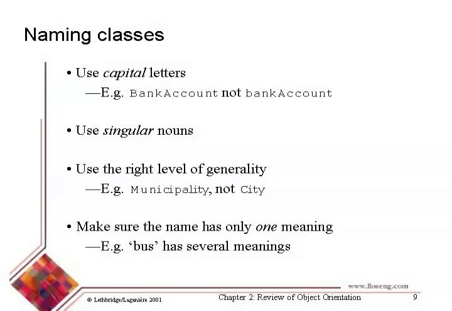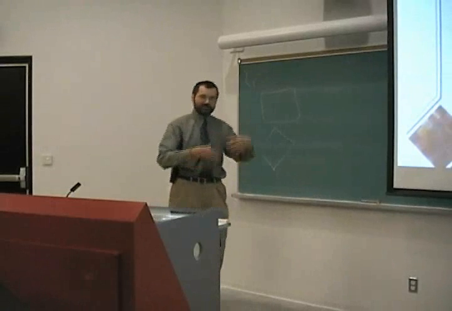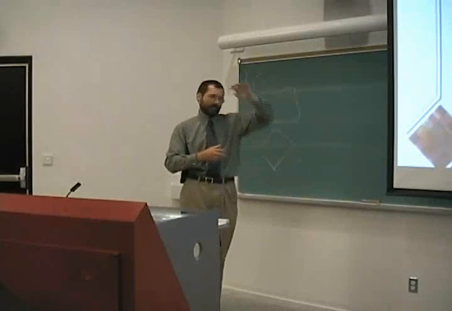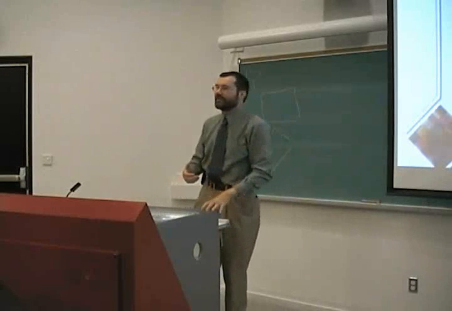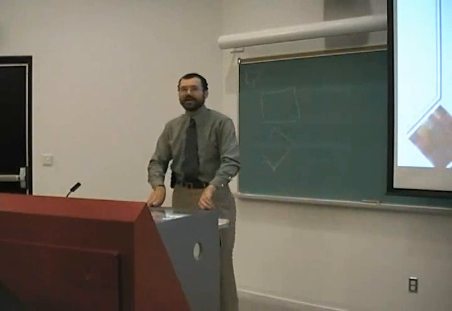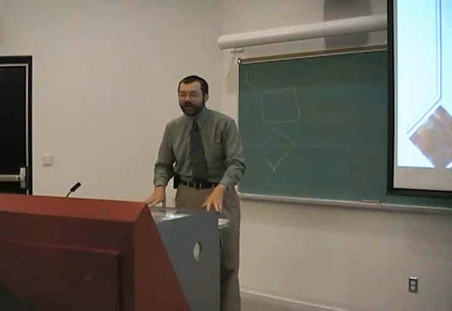Let's say that I was designing a system for the bus company OC Transpo in Ottawa, and I decided to create a class called bus to represent these big things which have wheels and seats, and people get on and off, and it's got a number on the side that, you know, 9573 represents the 75th bus bought in 1995, and it's painted red with a Canadian maple leaf on it and stuff like that, right?